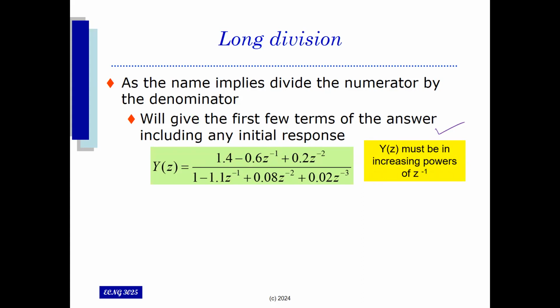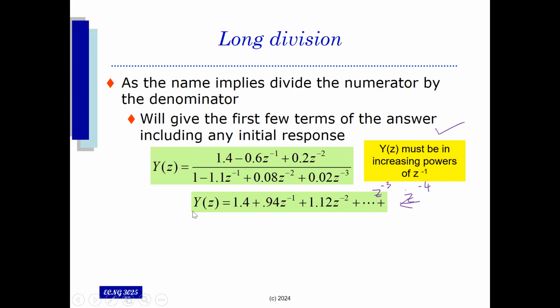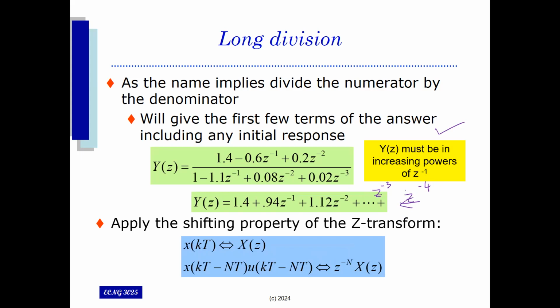Once you do that, you divide the numerator by the denominator, and that's a normal long division, and you get a divided answer. Of course, there would be something for z to the minus 3 and something for z to the minus 4, and so you keep going on. But we're just looking at the first couple of terms. And once you have it in this form, getting the inverse transform of it is as simple as reading all the values here.